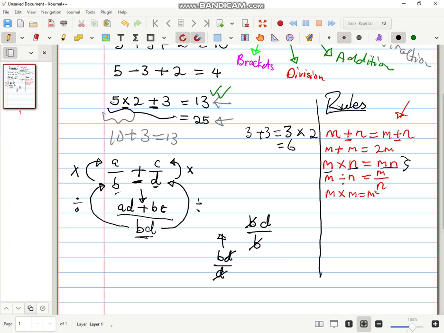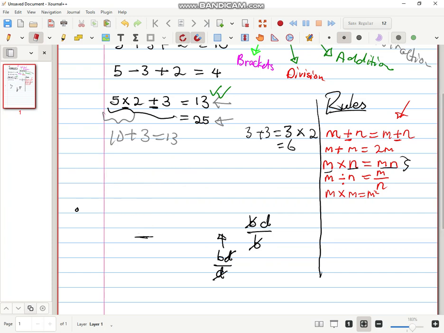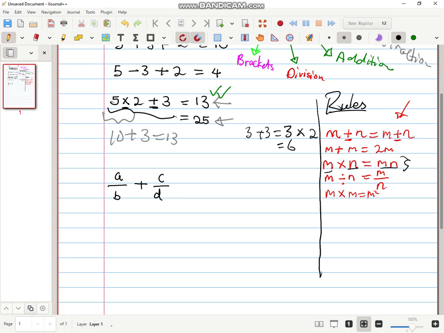Let's start once again. What I said is you have a over b, and then you add it with c all over d, right? The first thing you do is multiply the two denominators. Your denominators are b and d, so you're going to say bd.